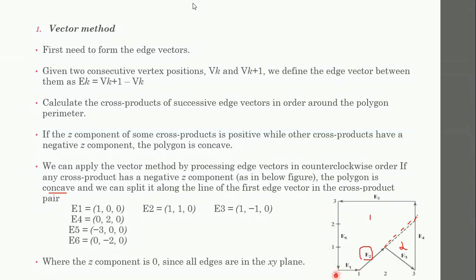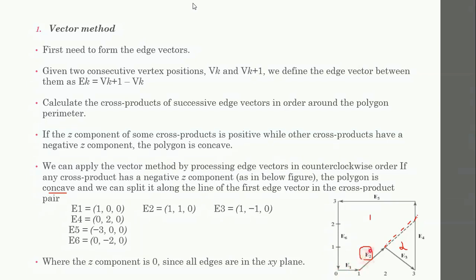For writing the edge E1, you move from 0 to 1, which is 1 unit in the x direction, so you write it as 1. You are not moving in the y direction, and also not in the z direction. That's why it is written as 1, 0, 0. This is how you write the edge vector E1.